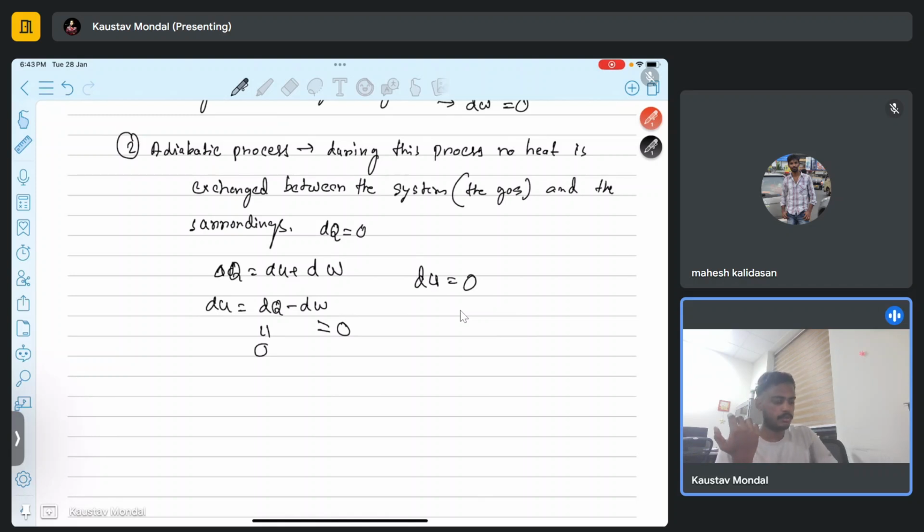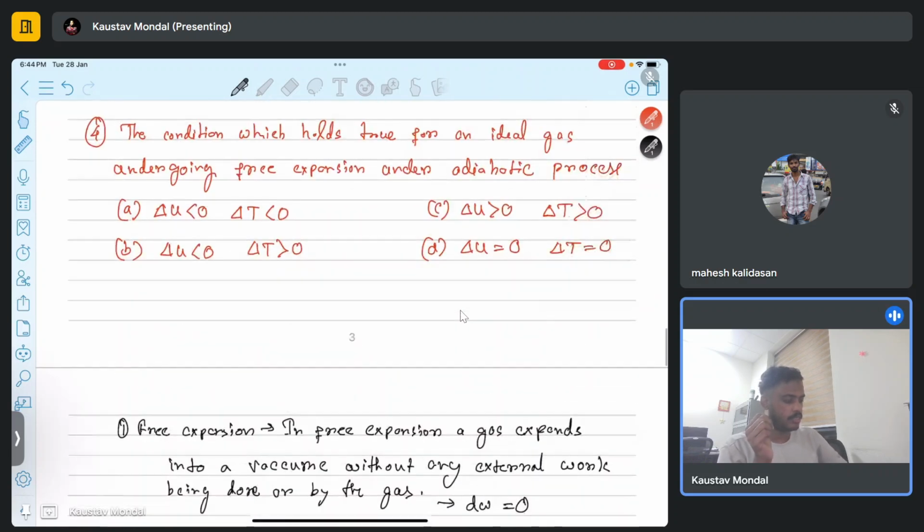And dU here is C into dT, where C is the specific heat. For a gas this specific heat cannot be equal to 0, so the only solution is dT equal to 0.